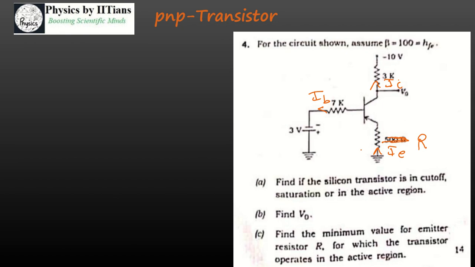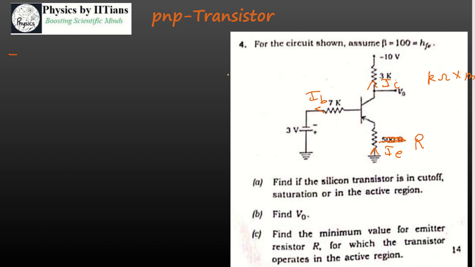We can use Kirchhoff's voltage law on this particular loop. If we write the equation again, I am assuming that this R is in kilo ohms, because it will be easier to write kilo ohms multiplied by milliamperes as a single unit. So let's write it. We are starting from this point, so this is 0.